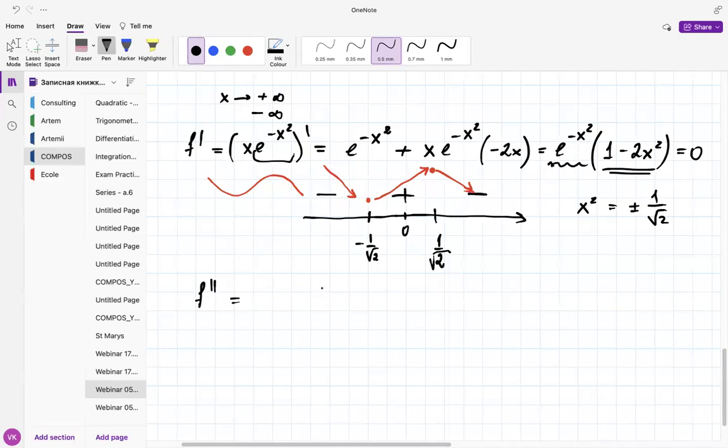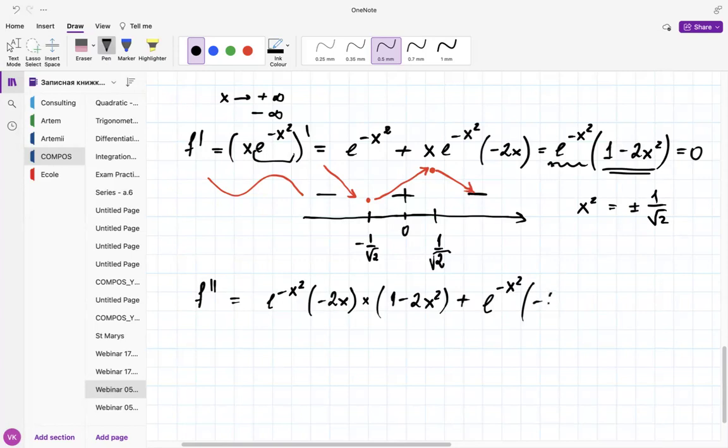Well, basically, it's pretty much the same. We split it with the multiple rule, right? We can do it any way around, but let's say the first one is differentiated, then times the second one stays, plus e to the power minus x squared, and then we differentiate this one, which leaves us with minus 4x, right?